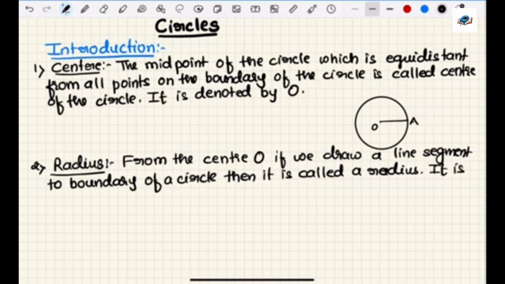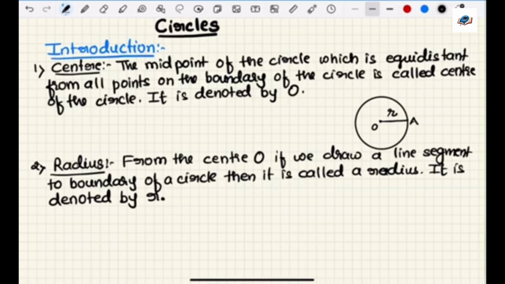It is denoted by R. Now here in the figure I can say OA is my radius R.